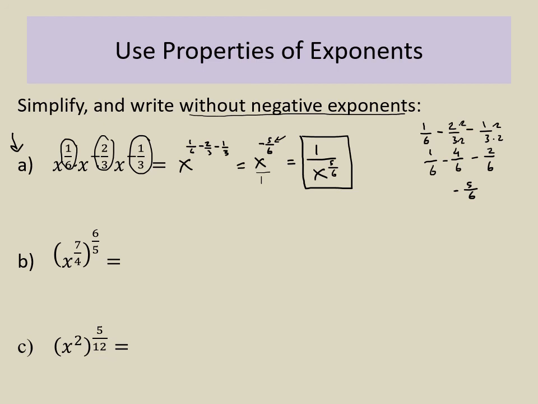Okay, let's take a look at the next one. The next one we have x to the power of 7 over 4. All of it is raised to the power of 6 over 5. Which rule is that, guys? This is the power rule, or power of a power.